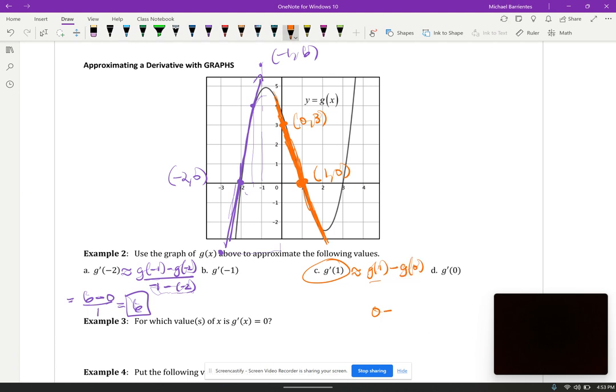These are supposed to be x values, 1 minus 0. g(0) is 3, divided by 1, and so my answer is -3. Well, this line does have a negative slope, so I'm confident there. And I guess it's about a slope of -3. I'm going to say that it is, and we'll go with that.